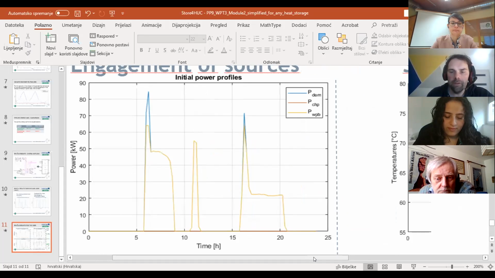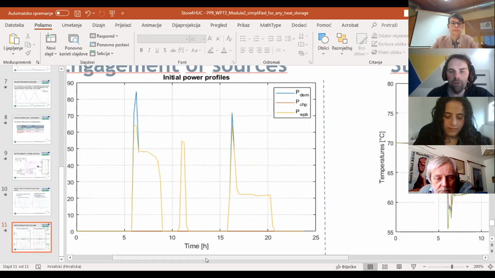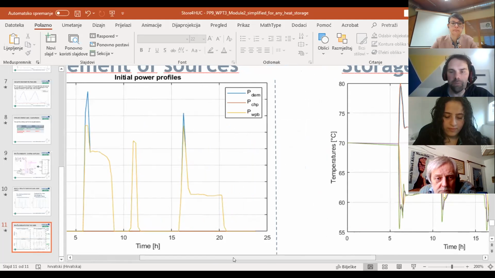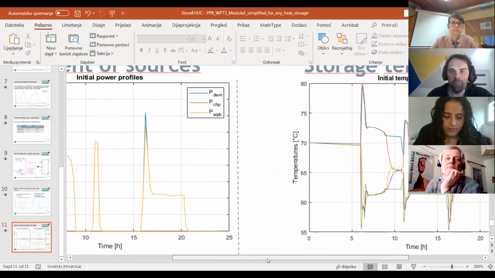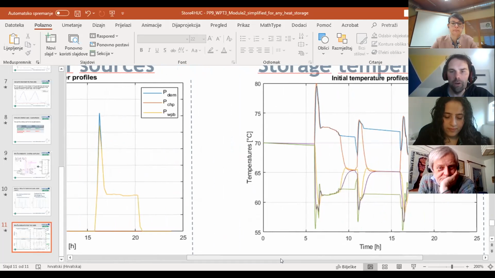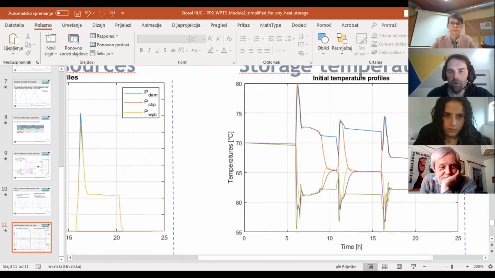and this is how the temperatures in different layers behave for such operation. So you have temperatures in layers T1, T2, T3, T4, T5 with different colors provided.